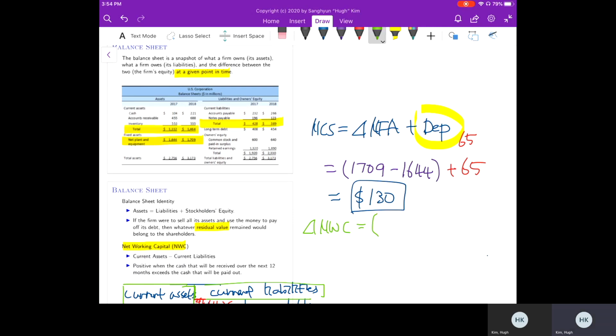So the 2018 number is 1464 minus 389, minus 1112 minus 428, which is here.